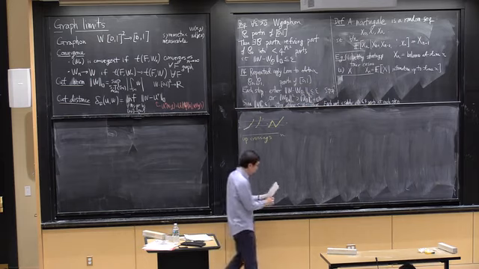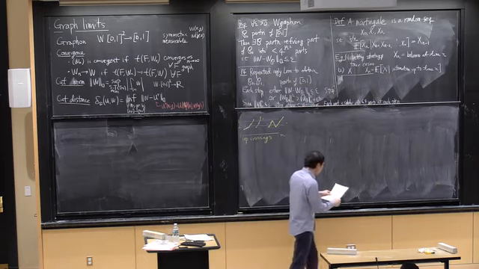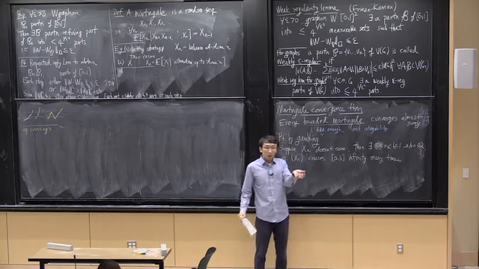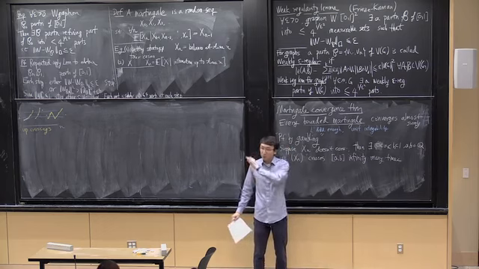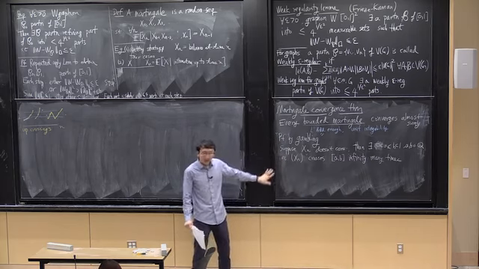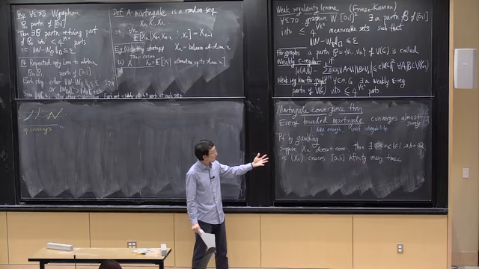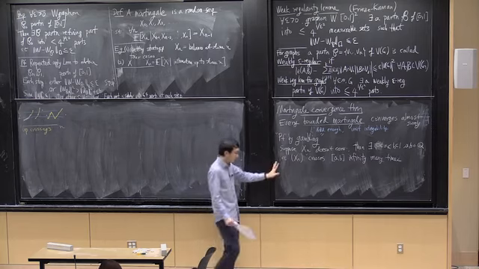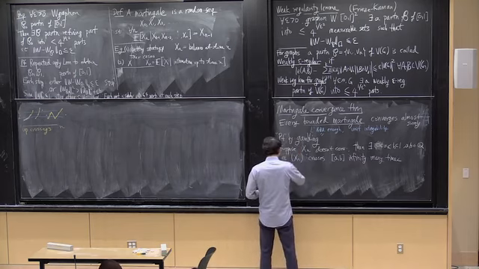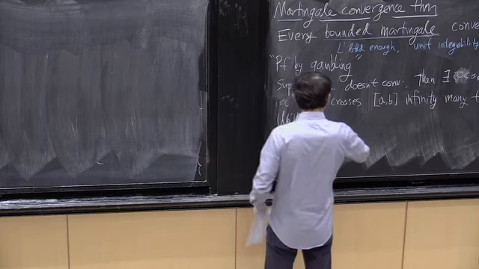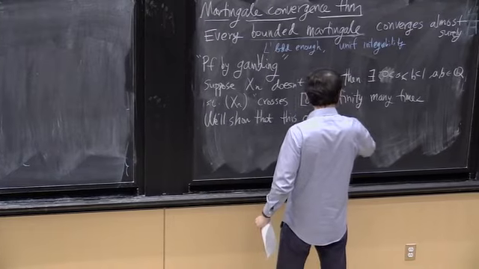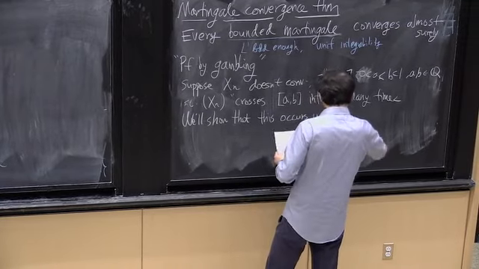So if you don't converge, then there exist such A and B such that there are infinitely many such crossings. This is just a fact. It's not hard to see. And what we'll show is that this occurs with probability 0.